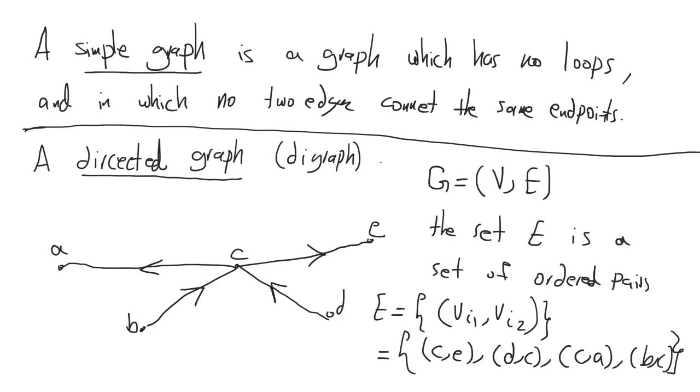And directed graphs are used in applications where it is important that we go from one direction to another. For example, they could model one-way roads and the like.